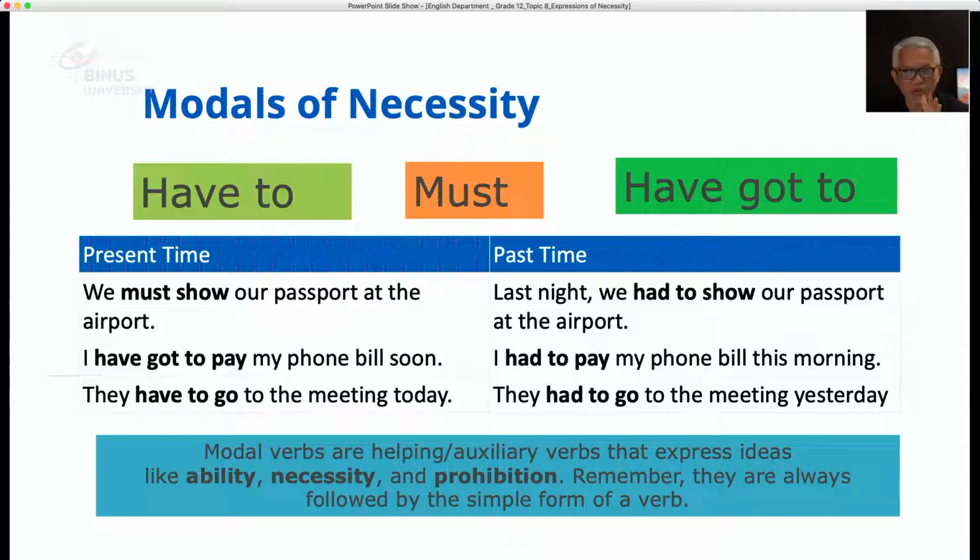And they are always followed by the simple form of a verb. What does it mean? Look at the example. When you use the word had to, it is followed by verb number 1. It had to show. You don't say had to showed, but instead had to show. Had to pay, not had to paid. And lastly, had to go, not had to went. So it is going back to the simplest form, verb number 1.